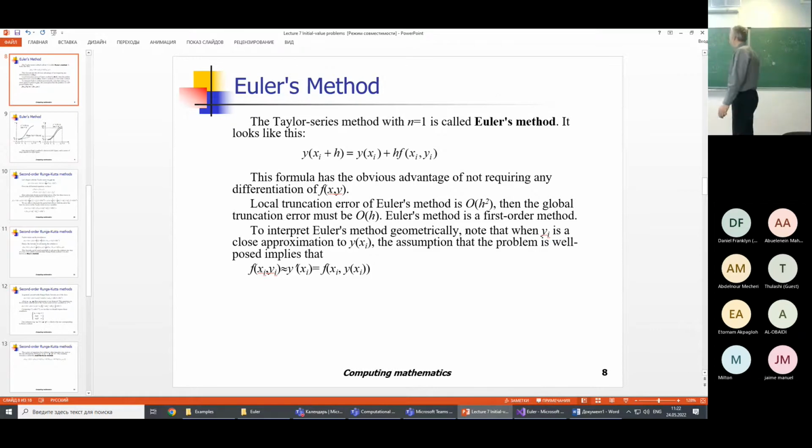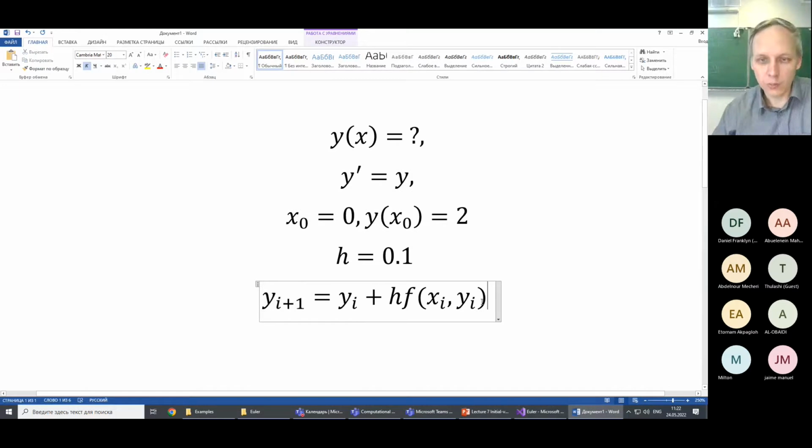f of x, y is the right-hand side of this equation. In our case, this right-hand side is very simple. It doesn't depend on x. It depends only on y. f of x, y is y. What is f of x and y in our case?